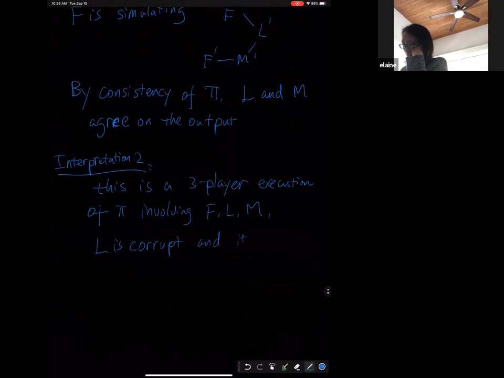And it is simulating all the bottom part of the execution, which is L prime, M prime, F prime.